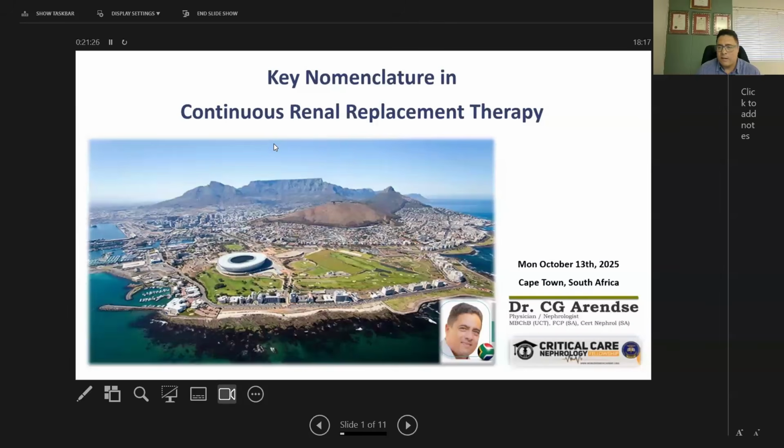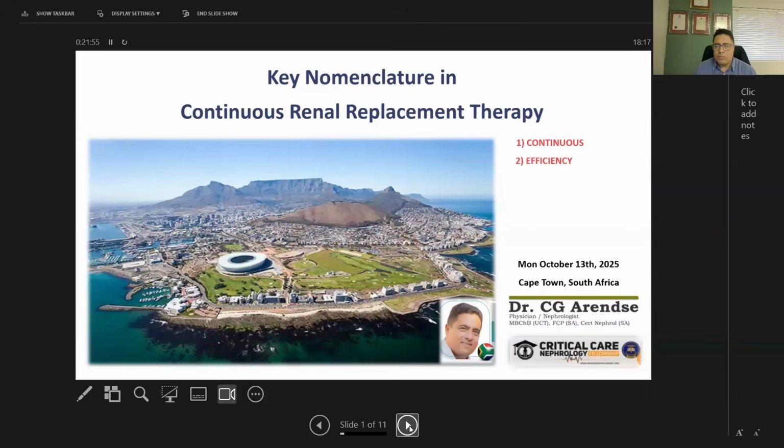It is highly technical, and it can cause a lot of confusion from the start, not to mention that CRRT is not done by each and every one of you on a daily basis like I do it. But you may be surprised at the terms I'm going to address today, because the very basics start with our fundamental understanding of what the word continuous means in continuous renal replacement therapy.